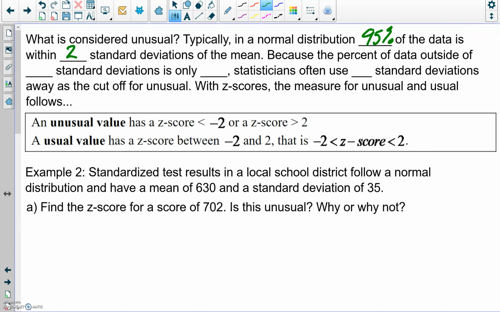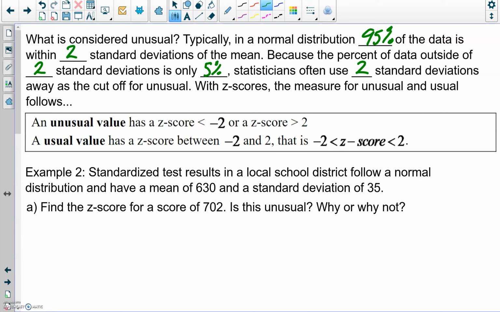And because the percent of the data outside 2 standard deviations is only 5%, statisticians often use 2 standard deviations away as the cutoff for unusual. So if you're looking at z-scores that are less than -2 or greater than 2, that's telling you that you're more than 2 standard deviations away on the low side or the high side.